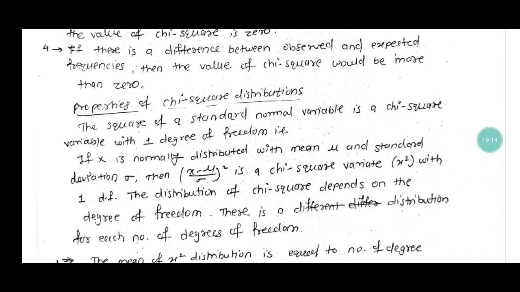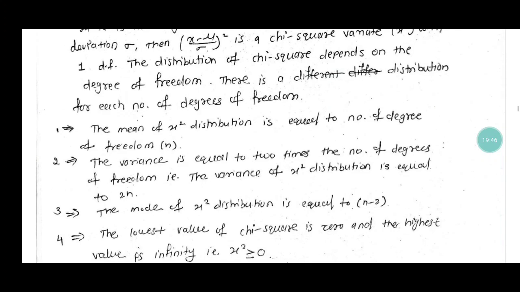That is, if x is normally distributed with mean mu and standard deviation sigma, then (x − mu) divided by sigma, squared, is a chi-square variate χ². The distribution of the chi-square depends upon the degrees of freedom, and there is a distribution for each number of degrees of freedom.